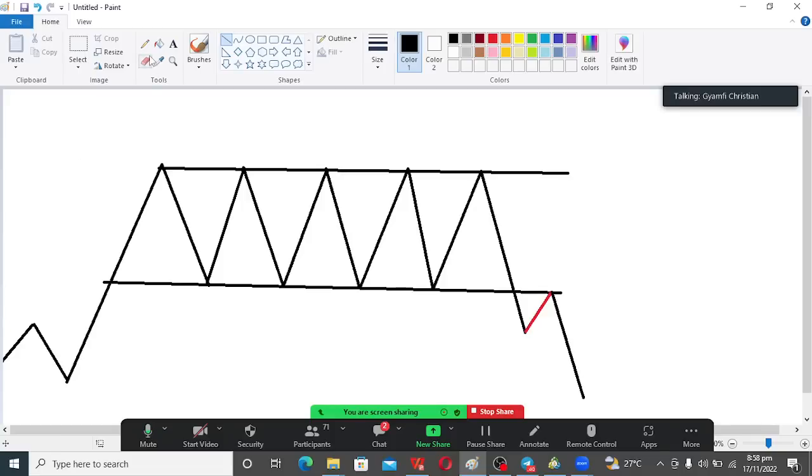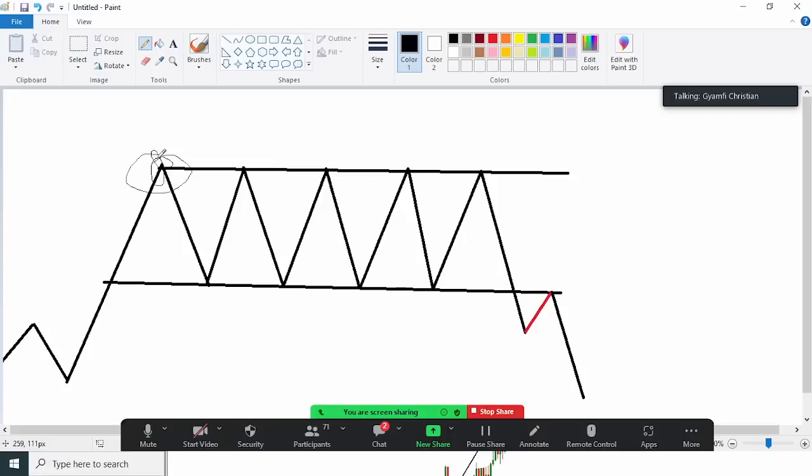This could be considered a swing point, another point over here, and another over here. These are all points wherever market returns. So you look out for the first one before the market started ranging.